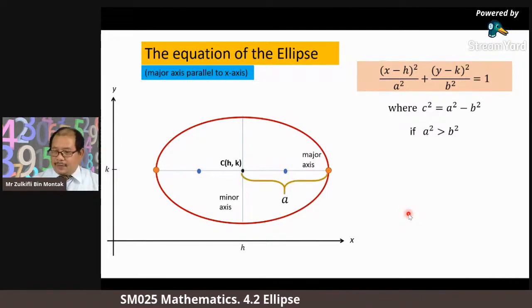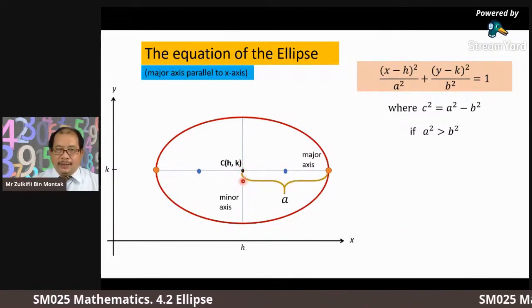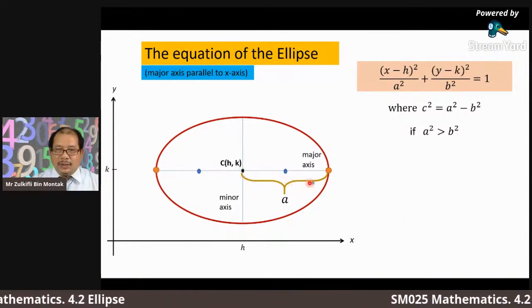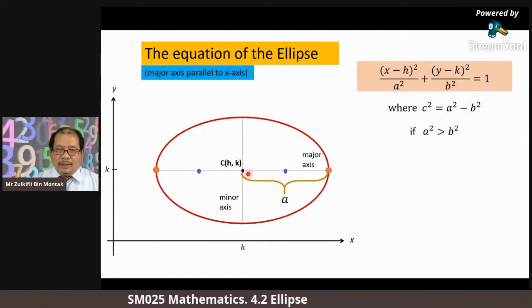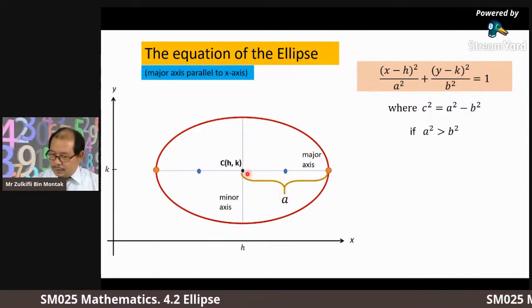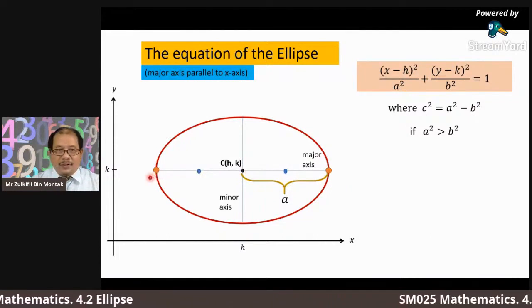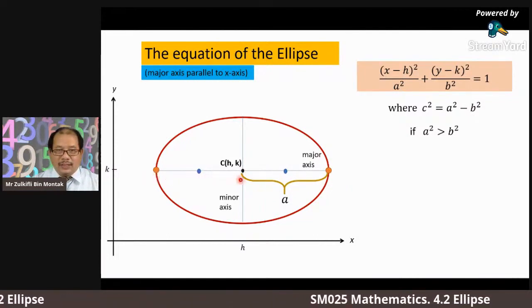The distance from the center to the vertex equals a, and the distance from this vertex to the center is also a.